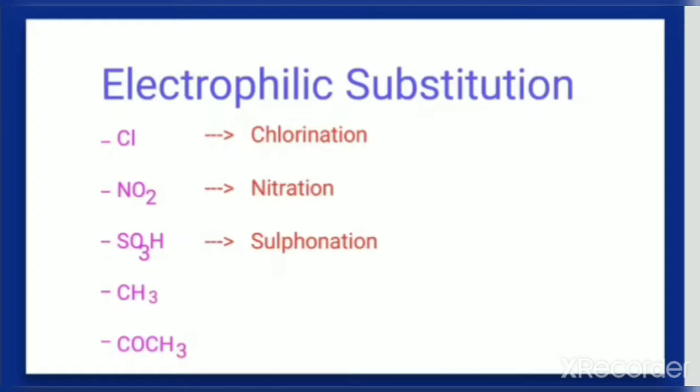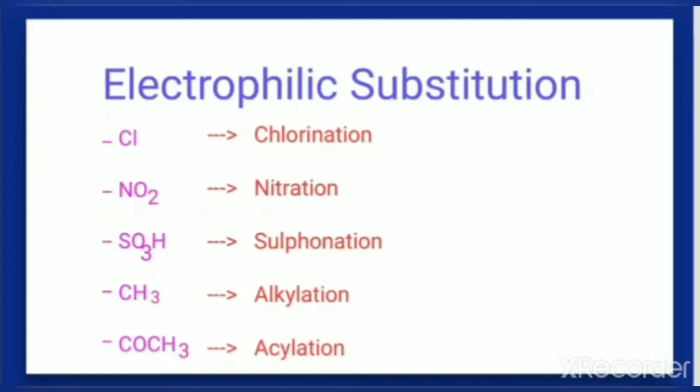If the electrophile is an alkyl group, represented here as CH3, then it is called alkylation. And if the electrophile is an acetyl group, that is CH3CO, then the substitution is called acylation. So you can see that the types of electrophilic substitution reaction here are chlorination, nitration, sulfonation, alkylation and acylation.